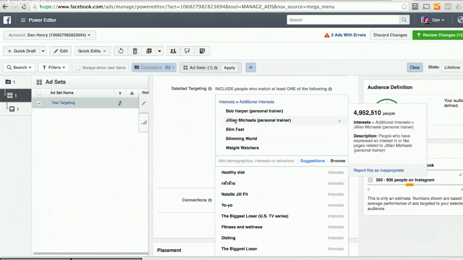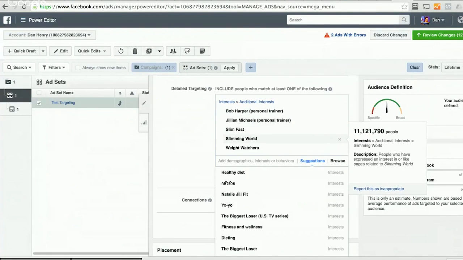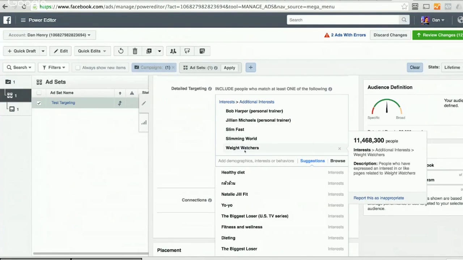They liked Jillian Michaels' page, Slim Fast's page, Slimming World's page, Weight Watchers' page. Okay? And it says, people who have expressed an interest in or like pages related to Weight Watchers.